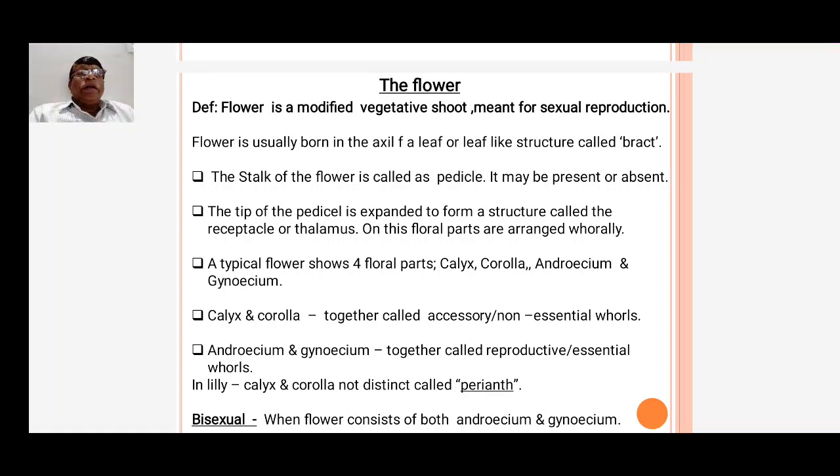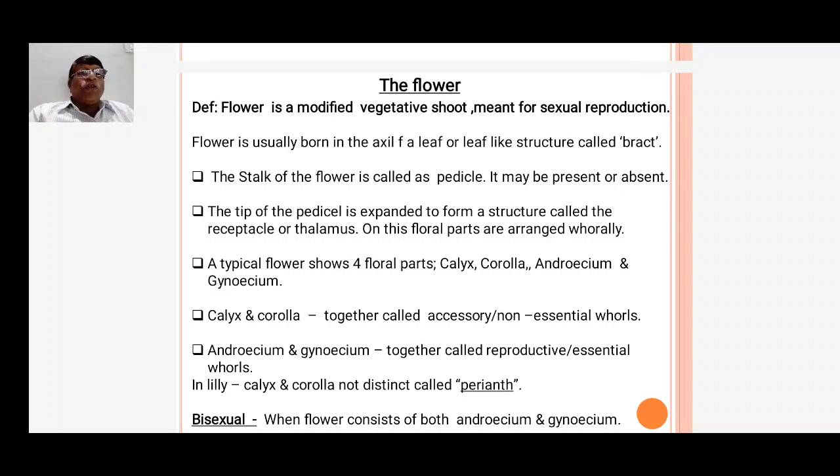Then, normally the flower has a stalk. The stalk of the flower is called pedicel. If present, called pedicellate. If absent, sessile.